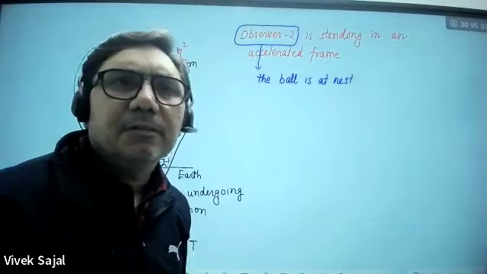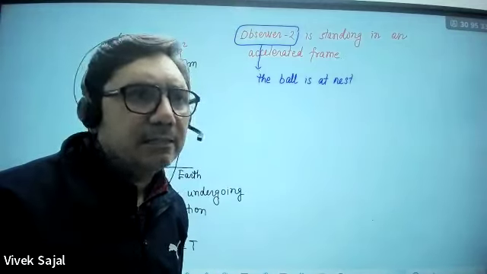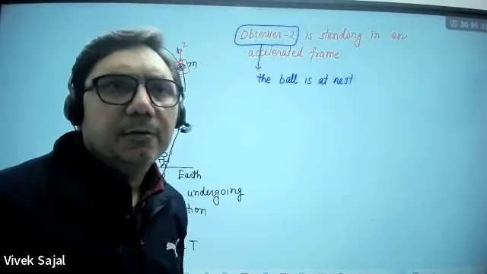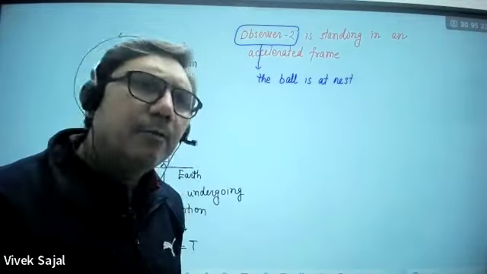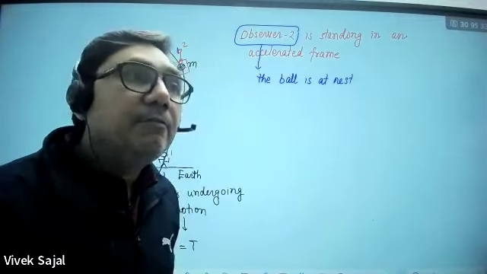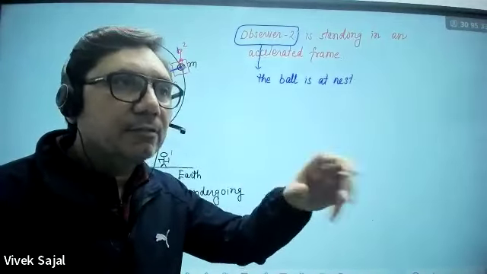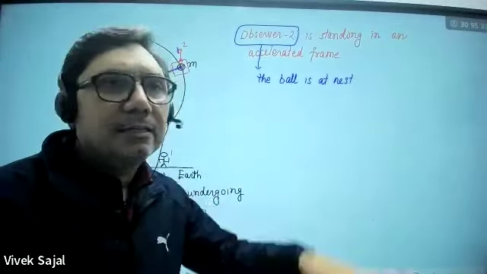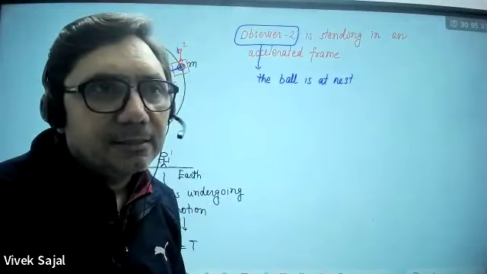He observes that throughout its motion tension is always acting inward, but still the ball on which I am standing is at rest from my point of view. Even after the application of the force, that force being tension, there is no acceleration; the ball is at rest. So how can you justify this?